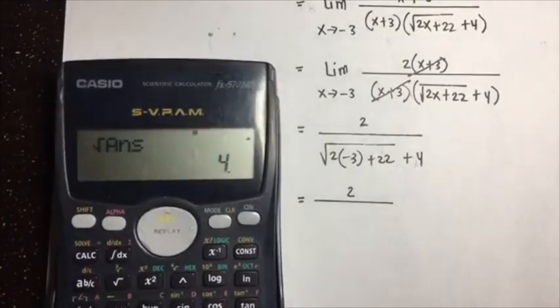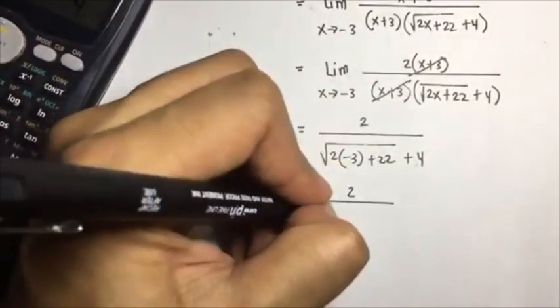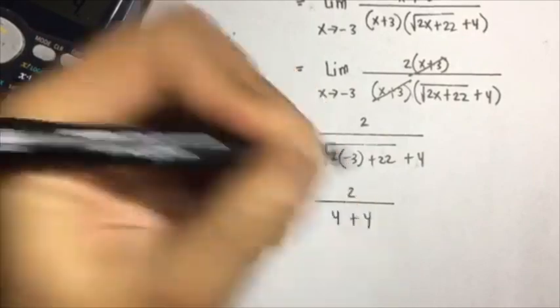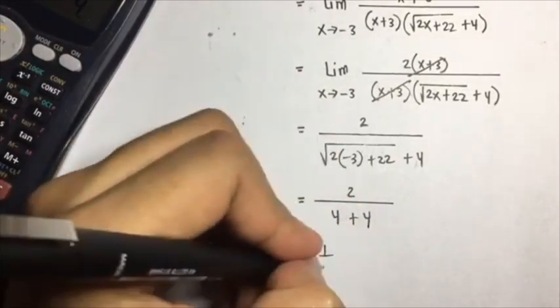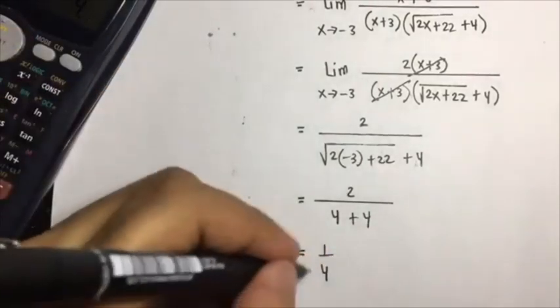The square root of 16 is 4, so 4 plus 4 is 8, and 2 over 8 is 1 over 4.